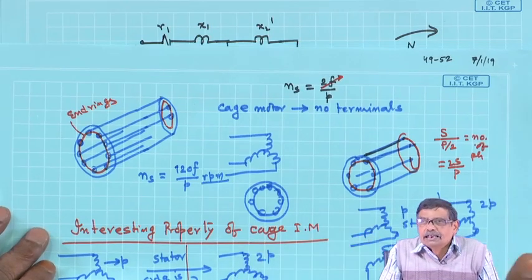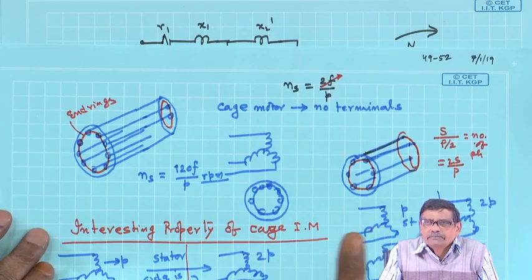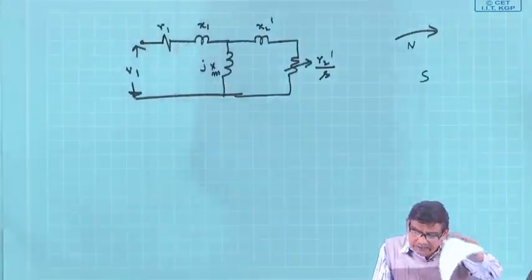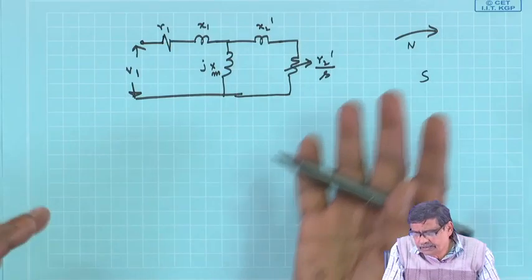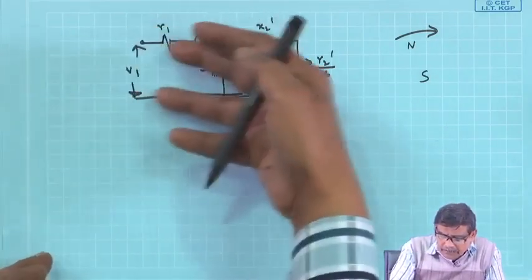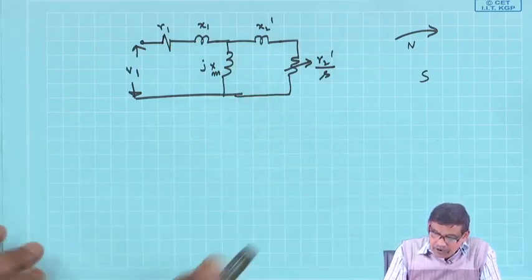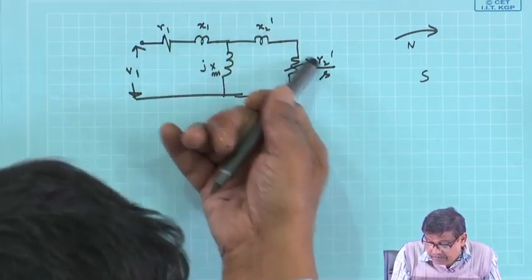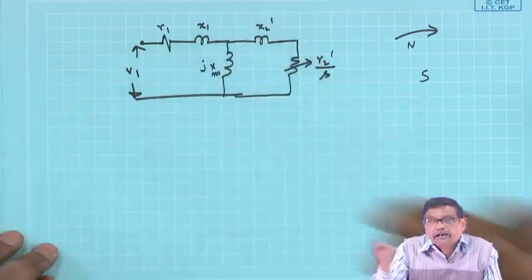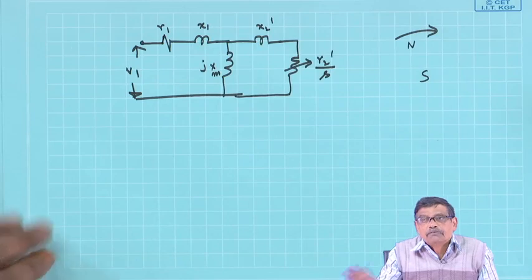But so far as the discussion on 3-phase induction motor goes, and I know it is a cage induction motor, I should not be daunted, because I will always think of some equivalent 3-phase winding, and by doing some experiments, the so-called no load test and block rotor test, whatever these parameters are I will find out, that will correspond to the equivalent 3-phase winding of the rotor per phase values.